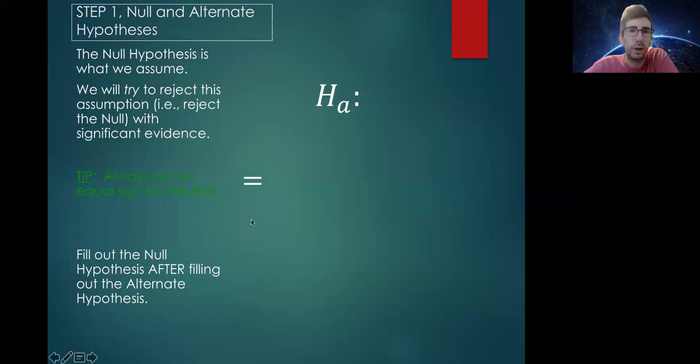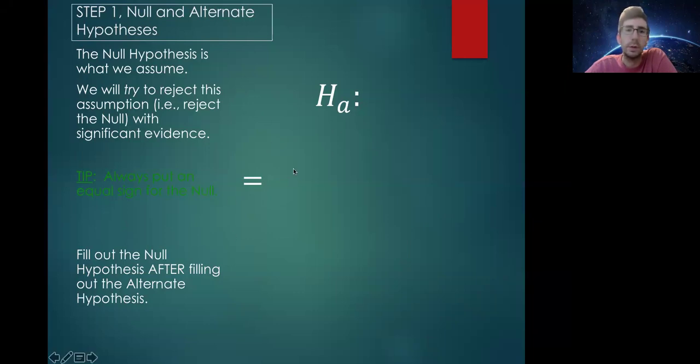We always put an equal sign for our null value, and we want to fill out the null hypothesis after filling out the alternate, right? So from the question, we'll be able to determine what our alternate hypothesis is, right? If it wants us to test that the mean is greater than 35, we'll put that specifically in the alternate hypothesis.